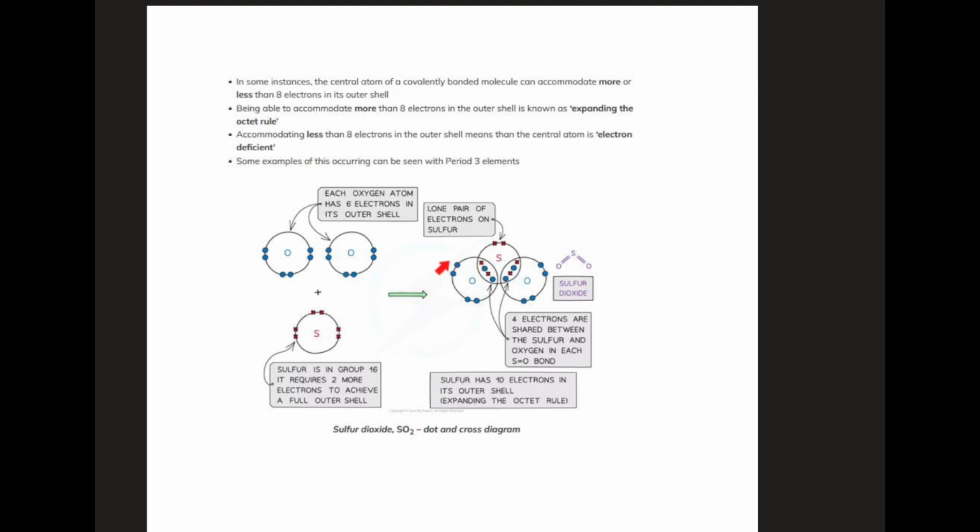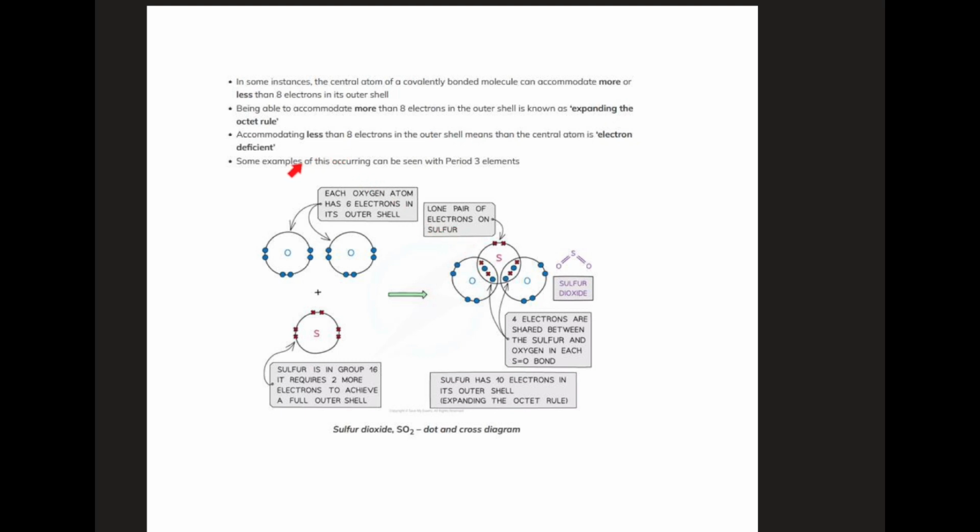Sulfur at the end, after forming the covalent molecule, you can see 4 plus 4 plus 2, that is 10 electrons in its outer shell, which is known as expanding the octet rule. So who can do this? Of course, not all the elements can do this. There is a condition.